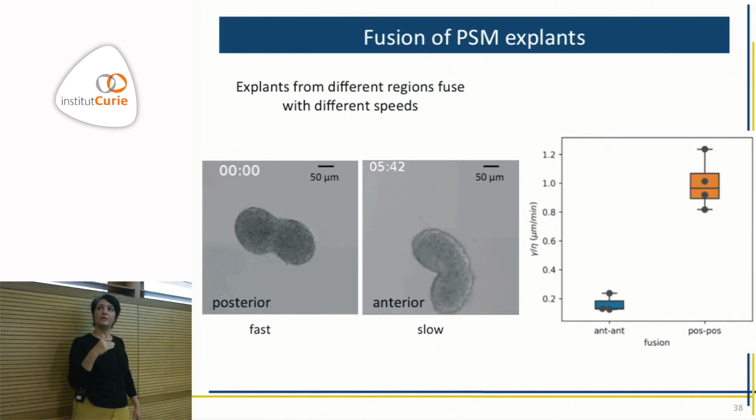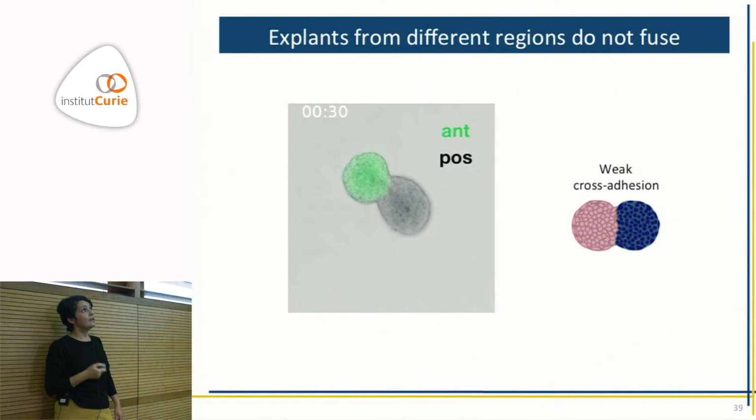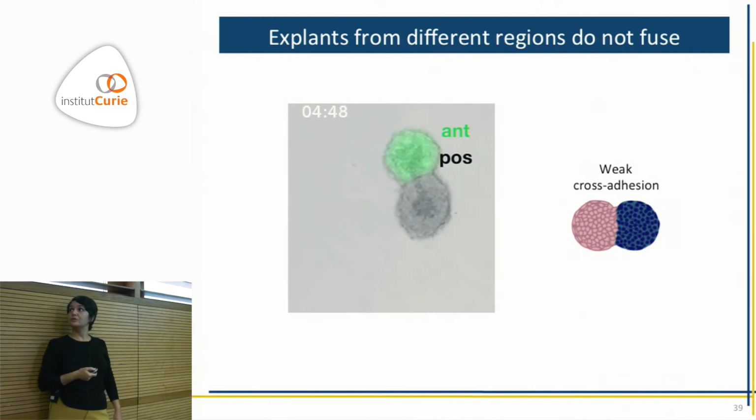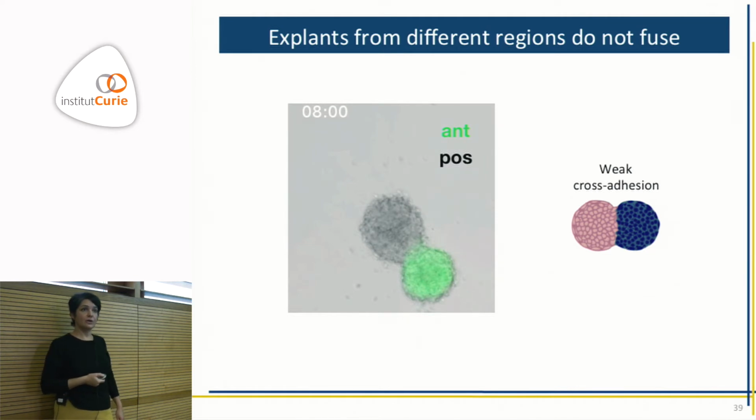So the gamma over eta is very different in these two regions. Interestingly, if we take an explant from the anterior and put it next to the posterior, we don't see any fusion anymore. So the final form resembles what is called a weak adhesion scenario.